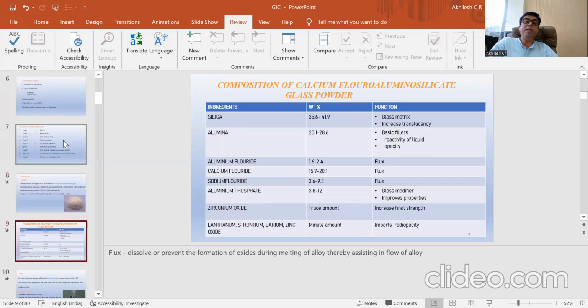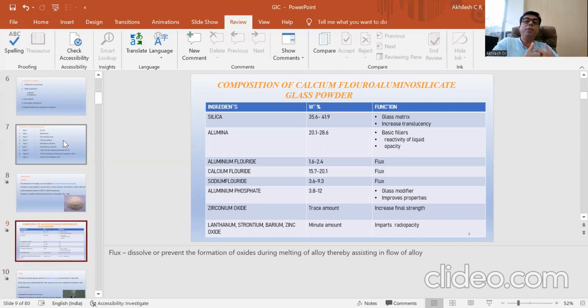These ingredients, that is silica, alumina, aluminum fluoride, calcium fluoride, sodium fluoride, aluminum phosphate, zirconium oxide, lanthanum, strontium, barium, zinc oxide, etc., all have different functions. The main function of silica is to form the glass matrix and increase translucency, whereas alumina acts as a basic filler and gives opacity.